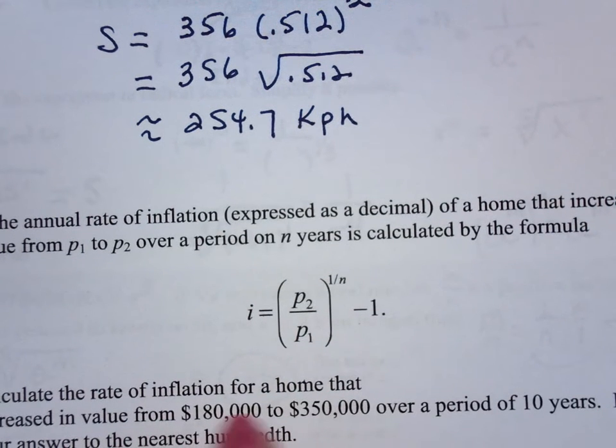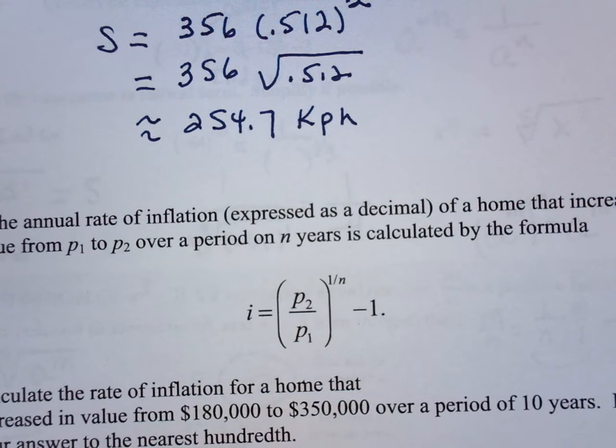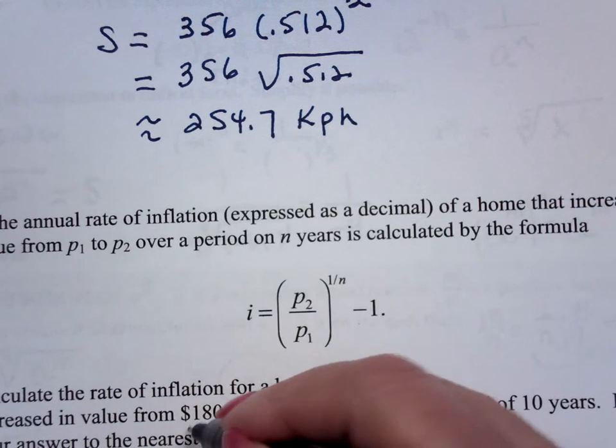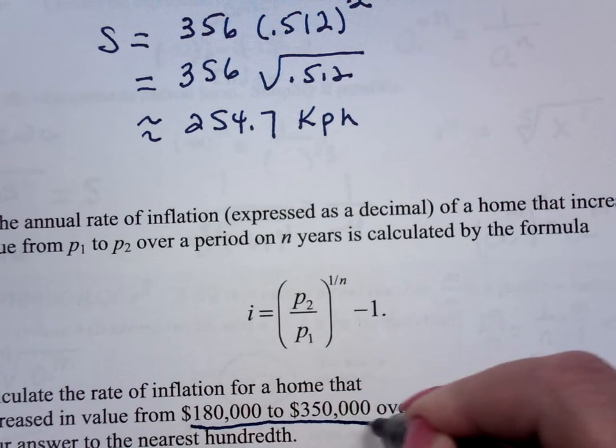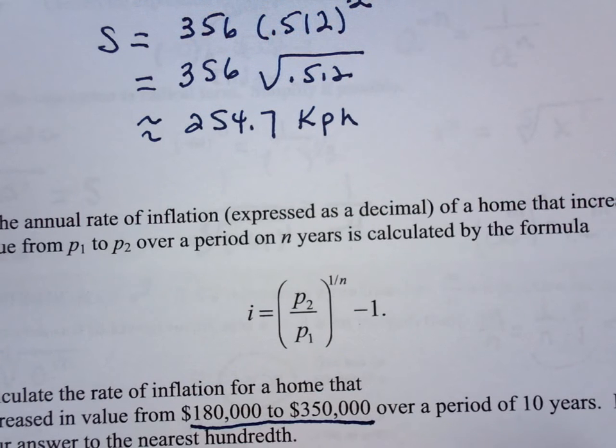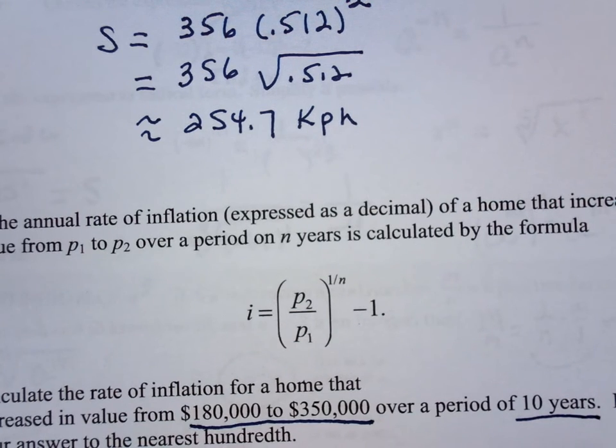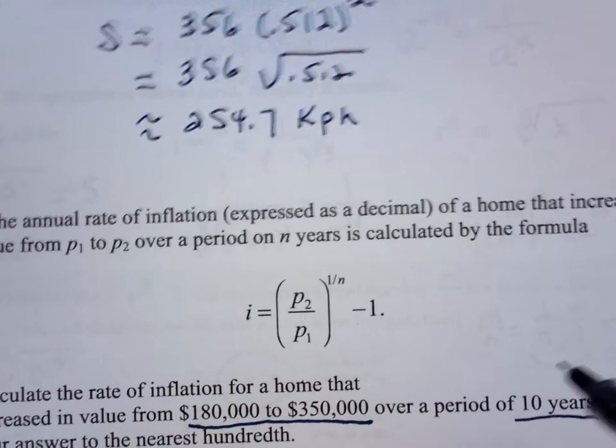Calculate the rate of inflation for a home that's increased in value over 10 years, from 180,000 to 350,000. Round your answer to the nearest hundredth.